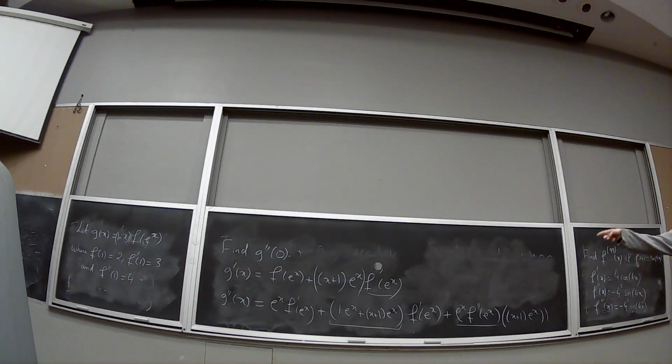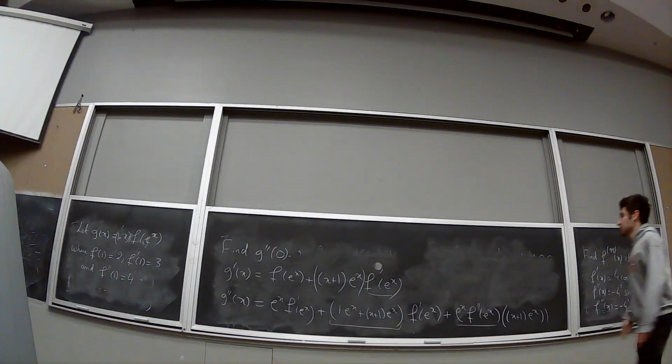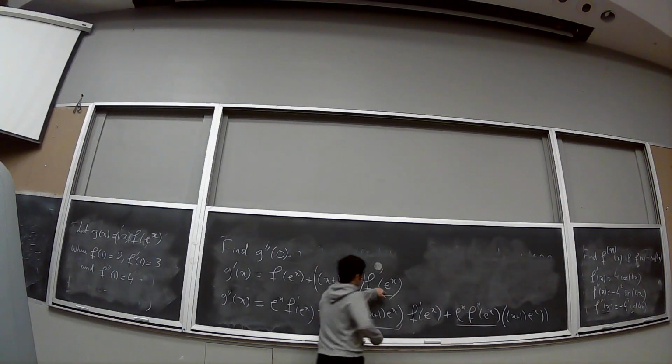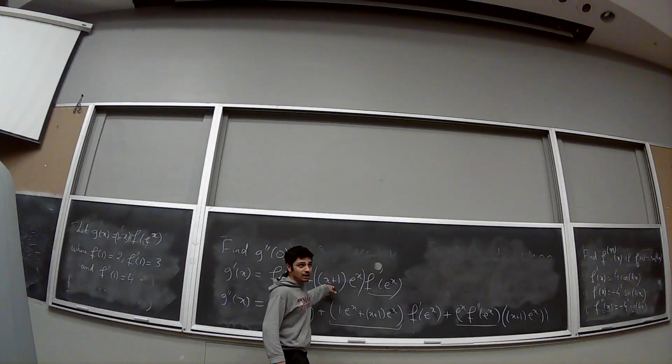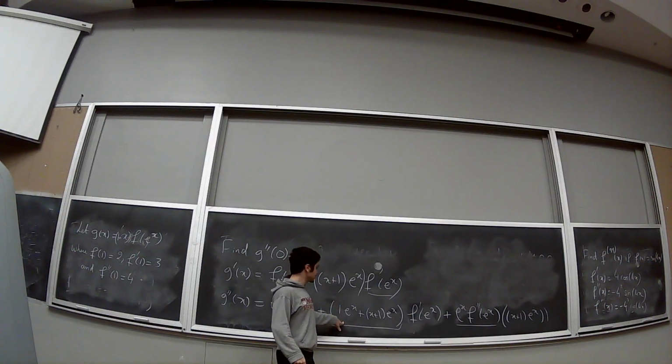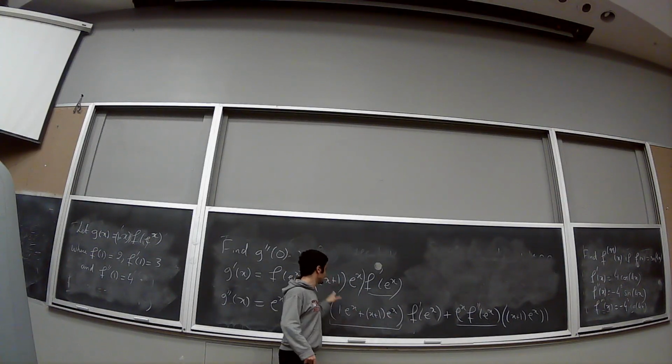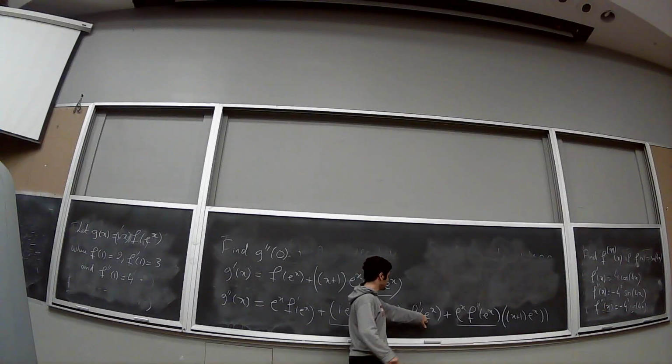Okay? I have a product. How do you differentiate a product of this function and this function? Differentiate the first one. Now, the first one itself is a product, so you differentiate it as a product rule. Luckily, you don't have any chain here, right? Just 1 e to the x plus e to the x, or x plus 1. Great, you keep the second one fixed.